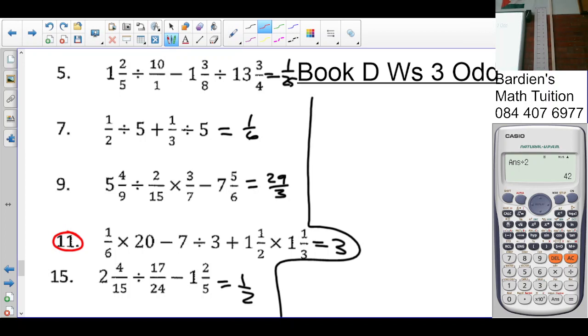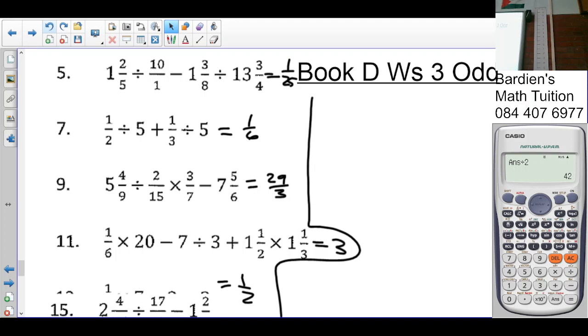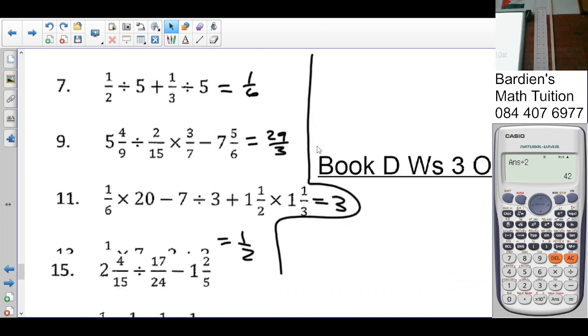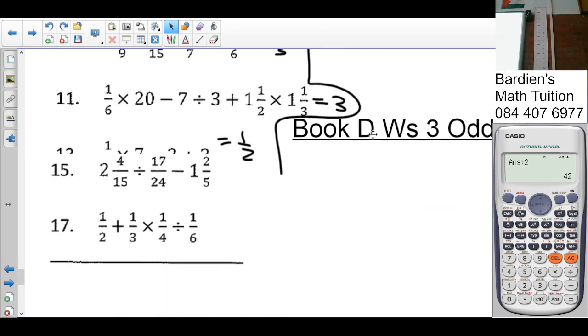No? Number 15. So the answer to number 15 is 9 over 5. The answer to number 13 is half. Okay. Let's just move this down here. So no problems with number 11, eh?